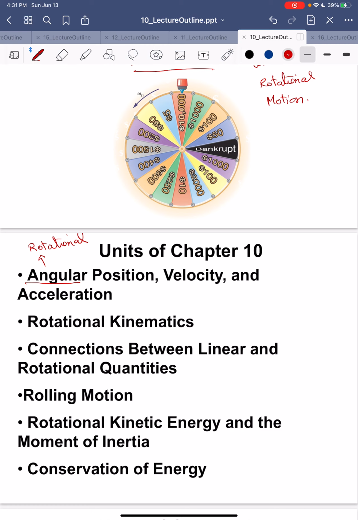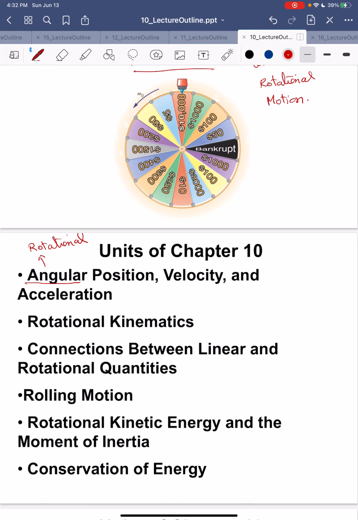We will also talk about, in general, rotational kinematics and how we are going to describe a motion with constant rotational acceleration. We will connect between the linear motion and the rotational through the quantities that they are really representing.